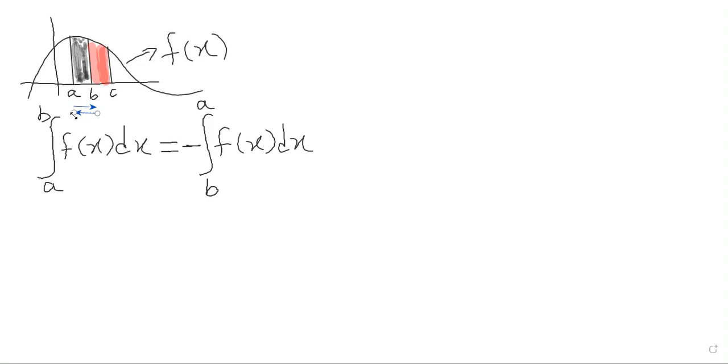Okay, things will be same, but you will put a minus sign over here. What basically happens when you integrate from A to B, you will have this portion and you will have this portion. First of all, from origin to B, then from origin to A, you will subtract this part, so you will have the black one.